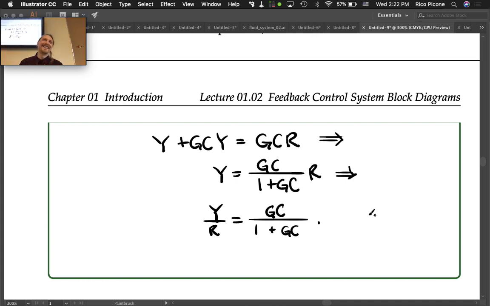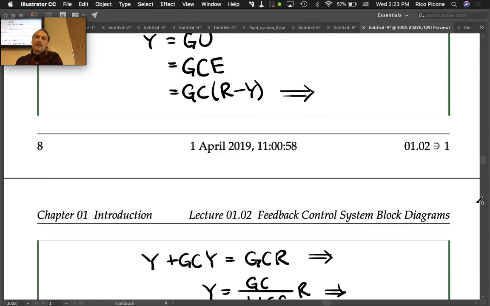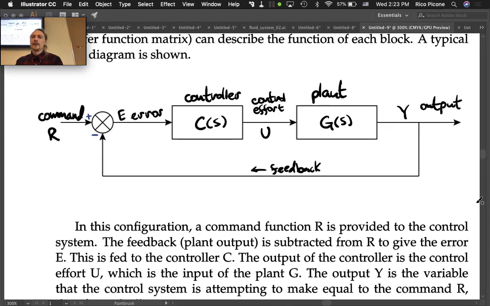So there's our closed loop transfer function, y over r. This transfer function will tell us, originally, before we had this closed loop going on, we just had a plant, with control effort going in and output coming out.